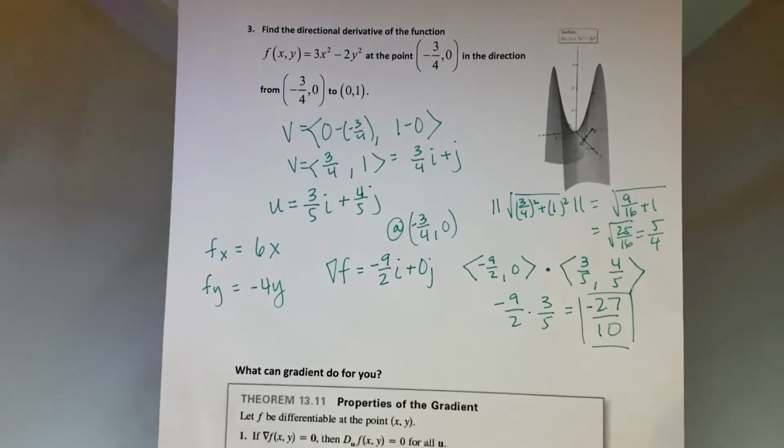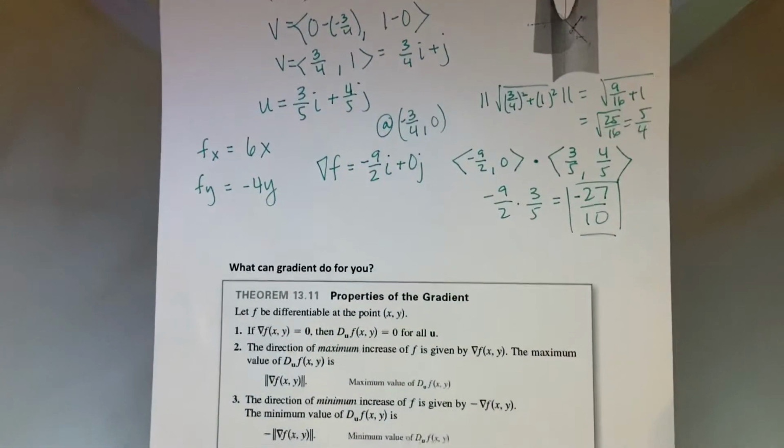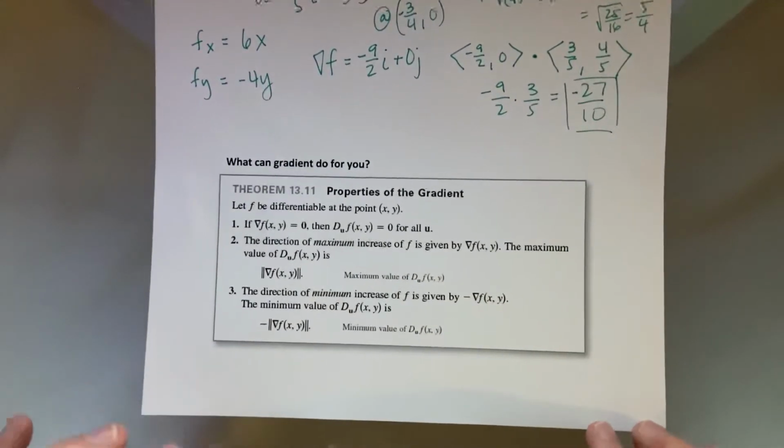So here's the question. What can the gradient do for you? It's got to have some uses. If f is differentiable at the point x, y, and the gradient is 0, then that means the directional derivative is 0 for any direction, because again, it's the dot product of the 0 vector and whatever direction you want, and 0 times anything is 0.